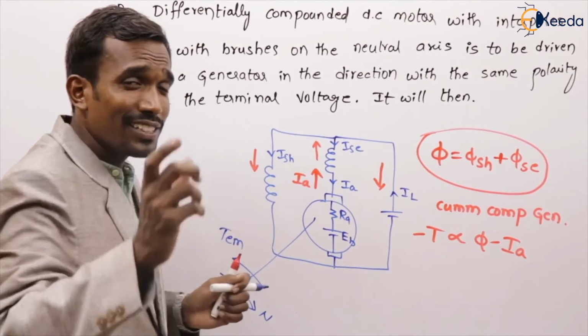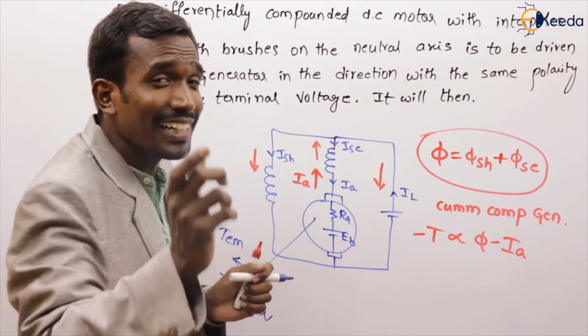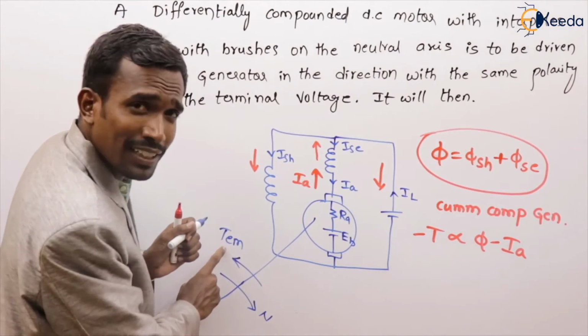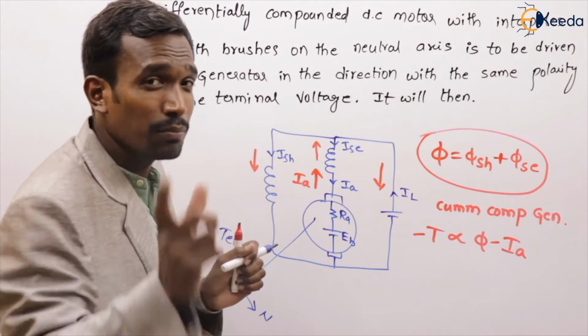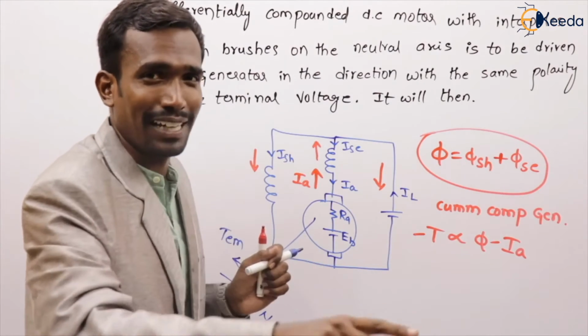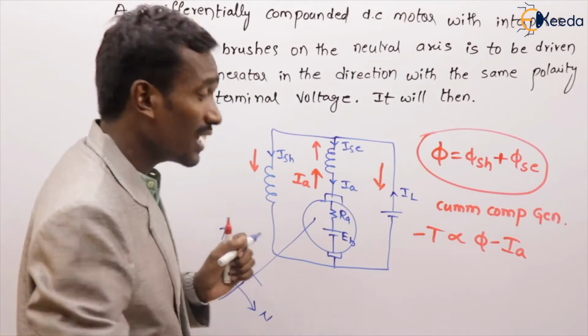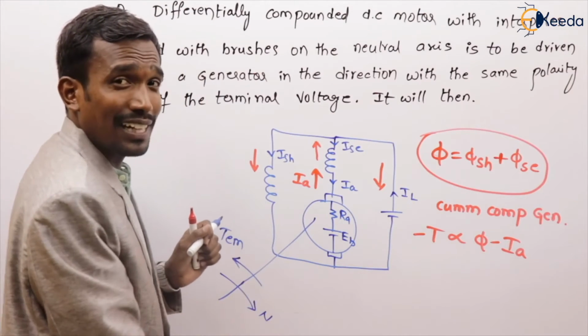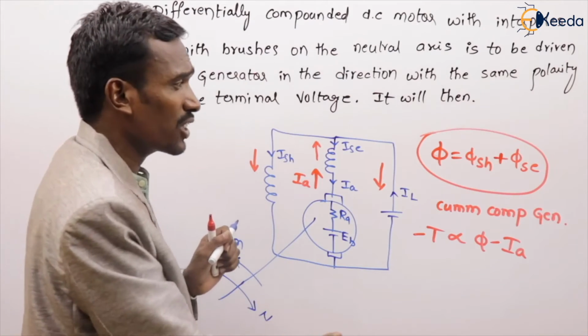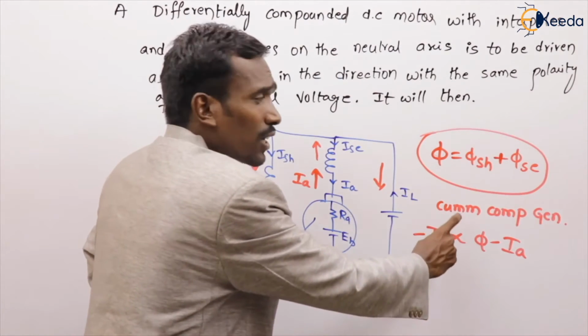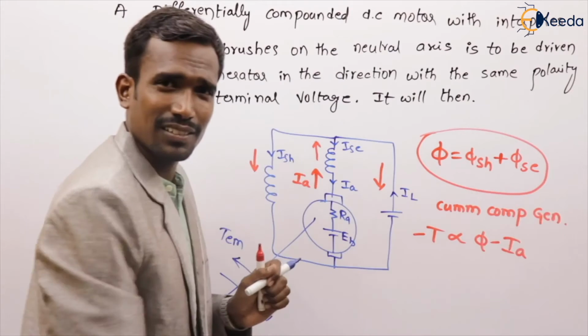Generally in a generator, the electromagnetic torque and speed should be opposite to each other, right? In a motor, those two should be in the same direction, but in a generator, they should be in opposite directions. The rotor rotates in the same direction and the machine acts as a cumulative compound generator.